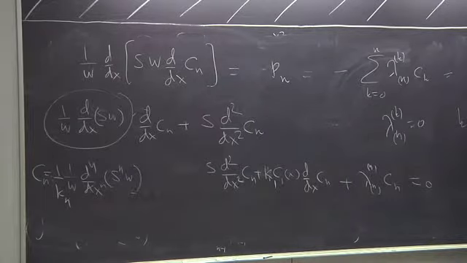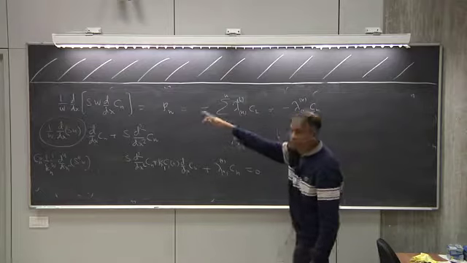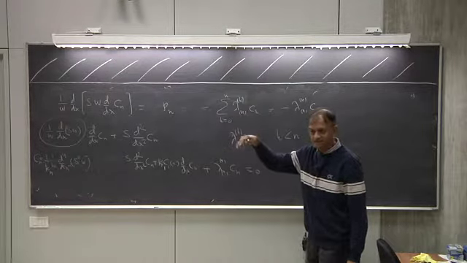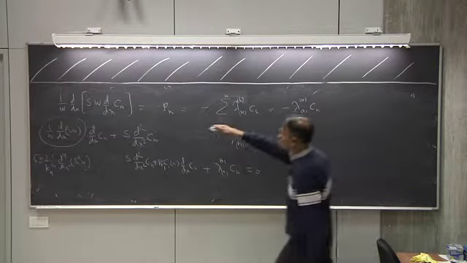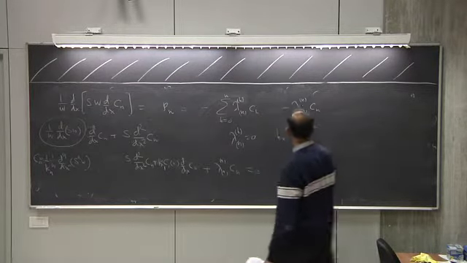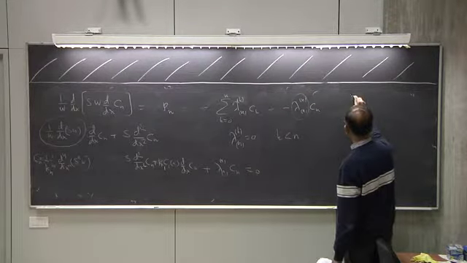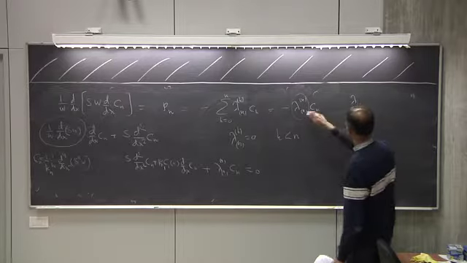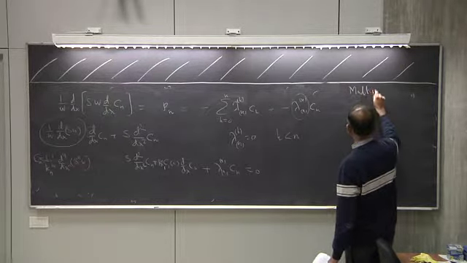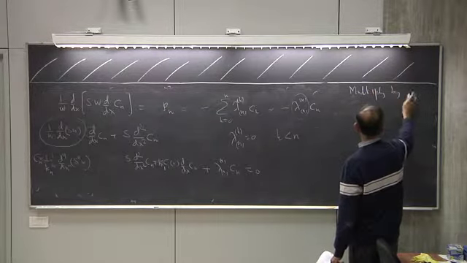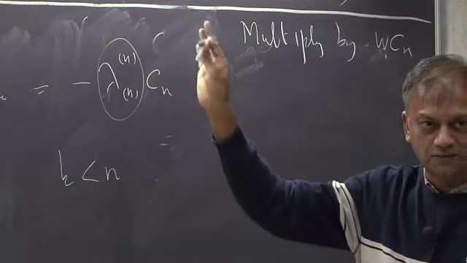So we want to determine this quantity. So let's just multiply both sides by W times Cn and integrate. So take this equation, this is equal to that, right? But I want to find out what this is. So multiply by w times Cn and integrate both sides of this equation.